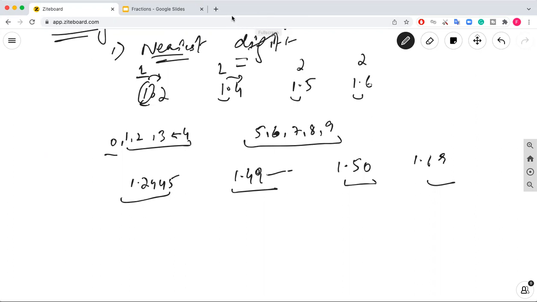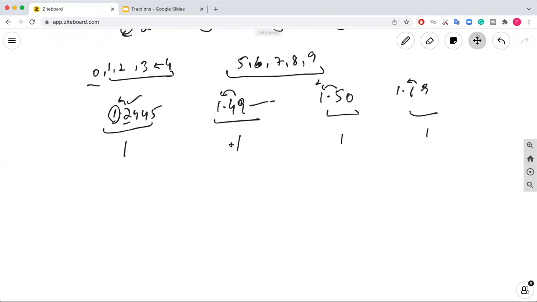The first one will be 1, the second one will be 1. The point is, we just see the immediate digit afterwards. As we are rounding to the nearest integer, we only see the next digit, not the values after that. If it is 2, this will remain as 1. If it is 4, this will remain as 1. If it is 5, this will increase to 2. And if it is 6, this will increase to 2 as well.